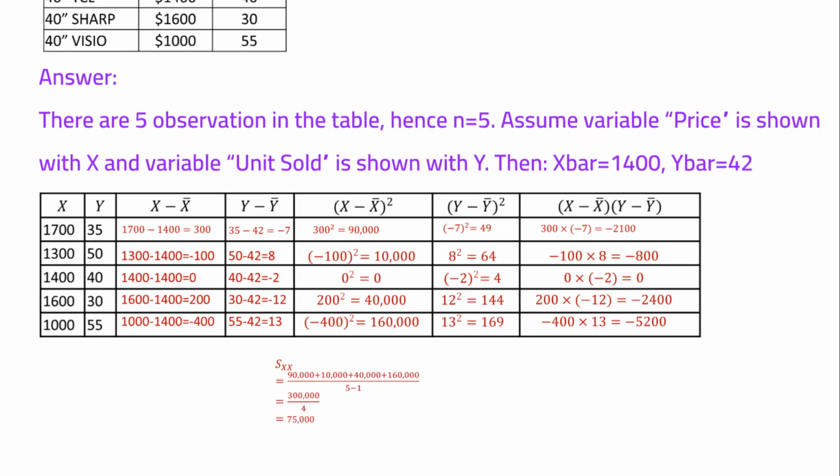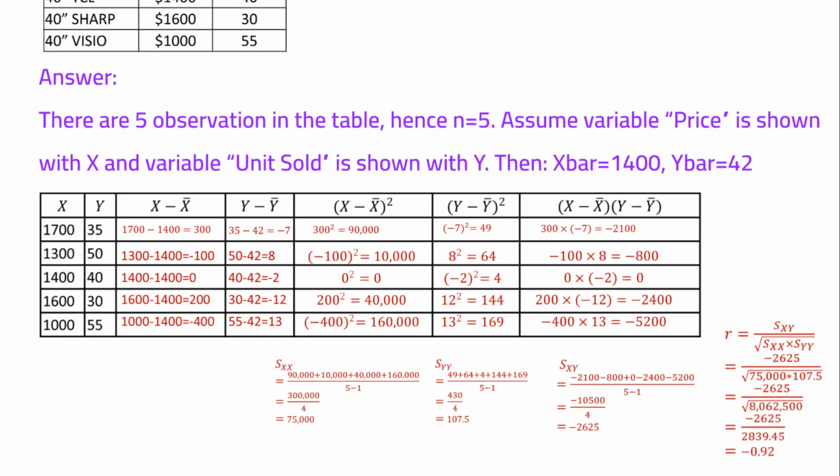SXX is the summation of values in the column x minus x bar squared divided by n minus 1, which is 7500. For SYY, summation of the column y minus y bar squared divided by n minus 1, which is 107.5. For SXY, summation of the last column divided by 5 minus 1, which is minus 226.25.